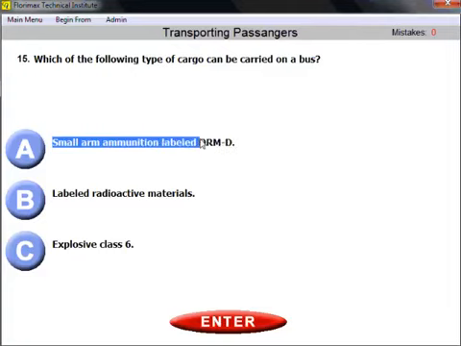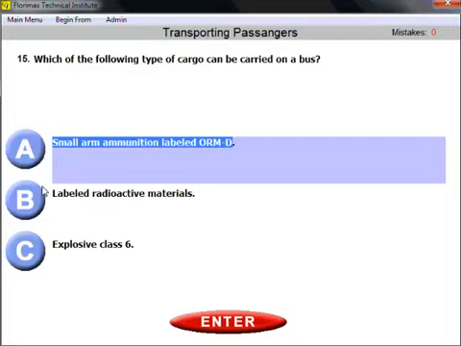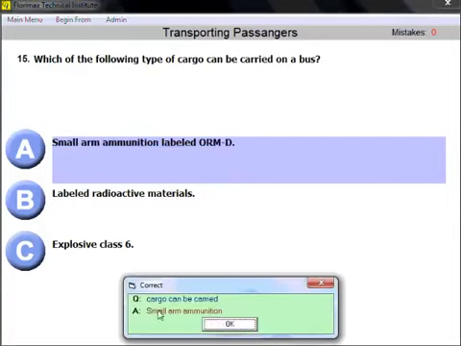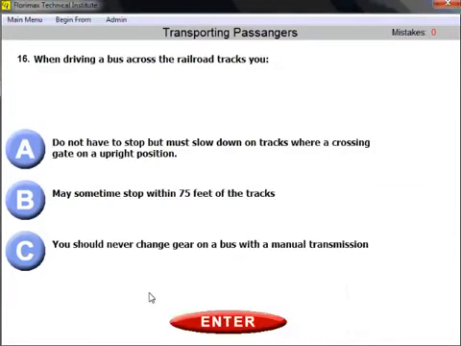It's also labeled ORM-D, which means other regulated materials, class D. So that's what you are allowed to carry on the bus. And you remember from the previous questions, the amount of such materials should not exceed 500 pounds, by the way, right? Small arms ammunition.